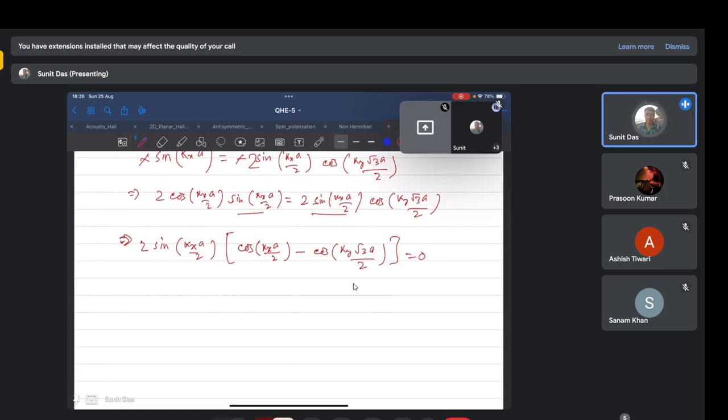So from this expression, the first possibility is that sine kxa by 2 is 0, and the second possibility is that this term is 0, so cos kxa by 2 equal to cos ky root 3a by 2.